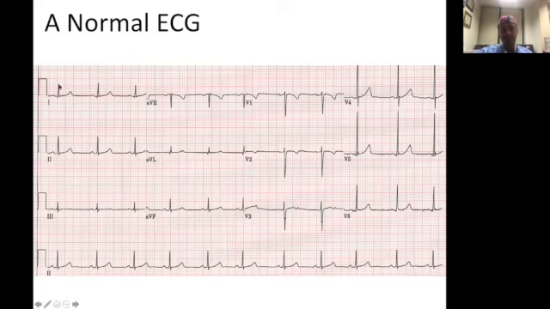So typically in lead 1, you'll see a positive deflection of the QRS. The same with lead 2. In lead 3, it's a little bit smaller. AVR in a normal person, usually the QRS is flipped. AVL, you'll have a small positive deflection, the same with AVF.